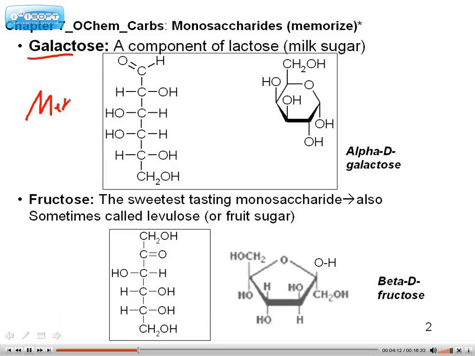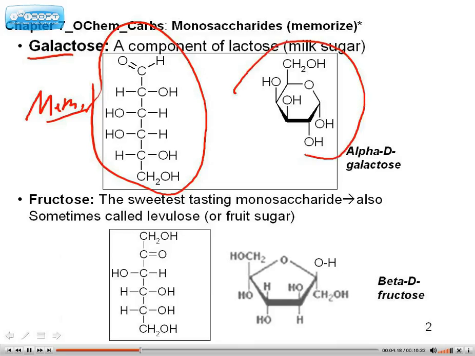Memorize the open chain Fischer projection and the closed Haworth cyclic structure. Fructose, you get the idea. Memorize, memorize.